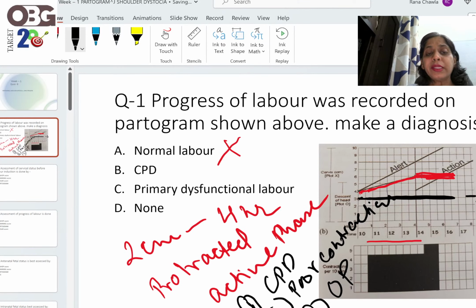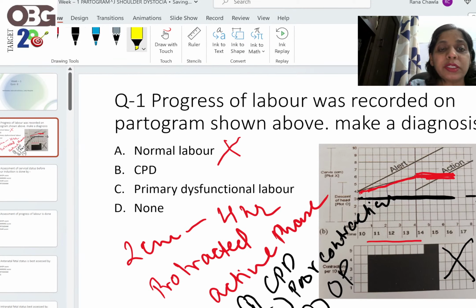In the question, poor contractions is ruled out, as there are very good contractions shown in the partograph. So the answer to this question is CPD. Occipito-posterior is not written there. Moreover, dysfunctional labor is not there.